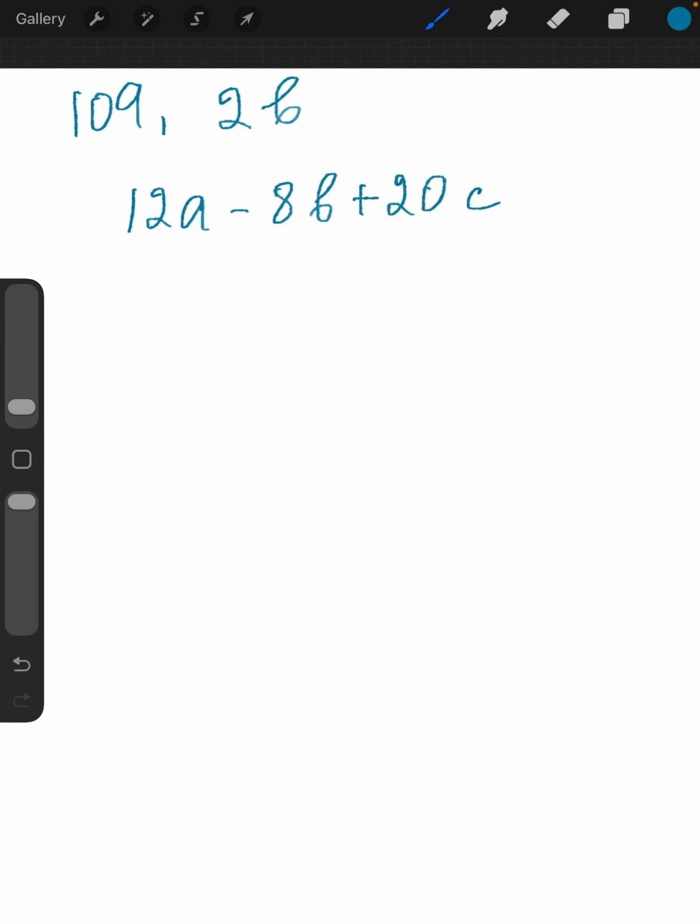All right, what's the first thing we're going to do? Right, we're going to factorize. So let's start with 12a. What are the factors of 12a?